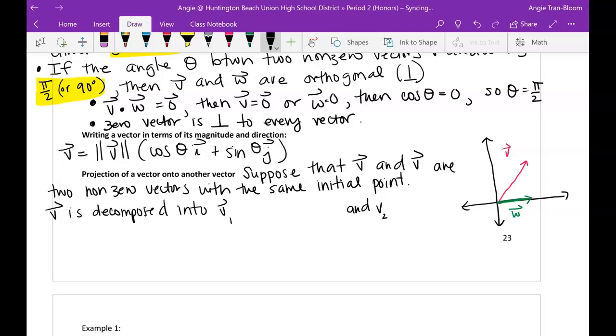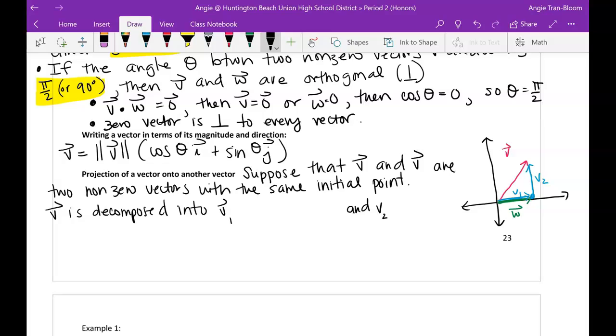Well, how do I get this v sub 1 and v sub 2? I'm going to use two different colors. Decompose means I'm breaking it into two pieces. Let's call this right here v1. If I take v1 and add v2, I would definitely have vector v.